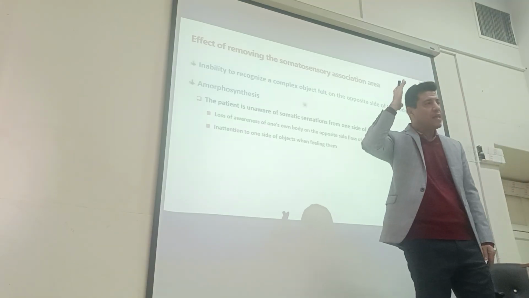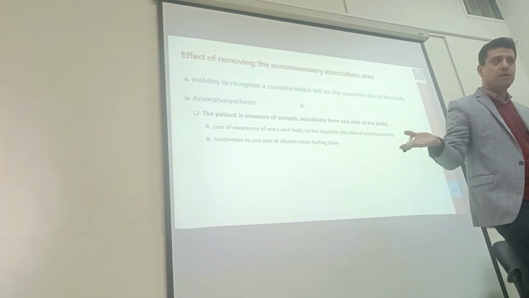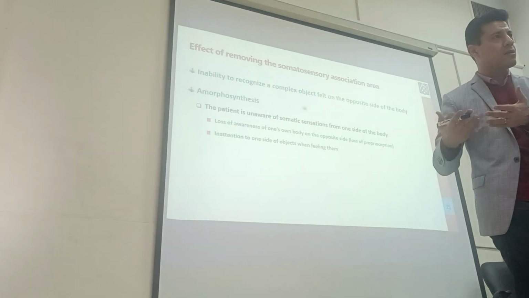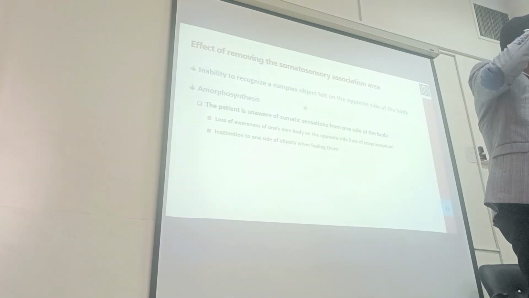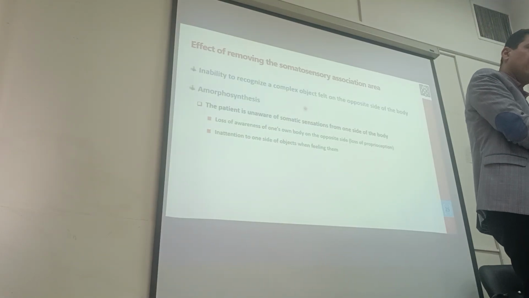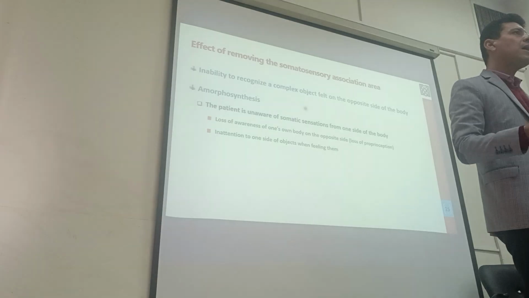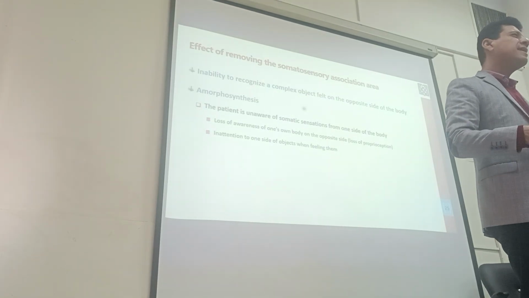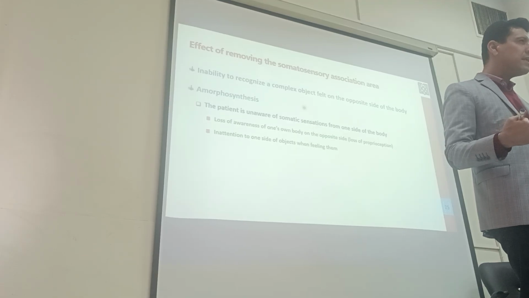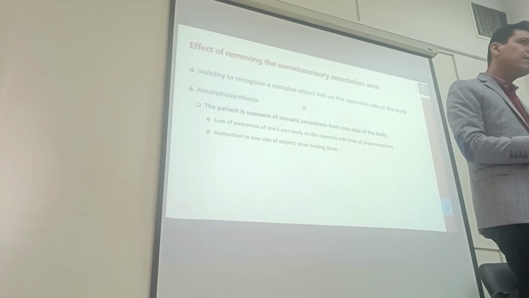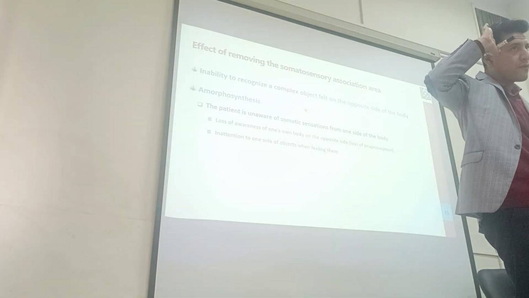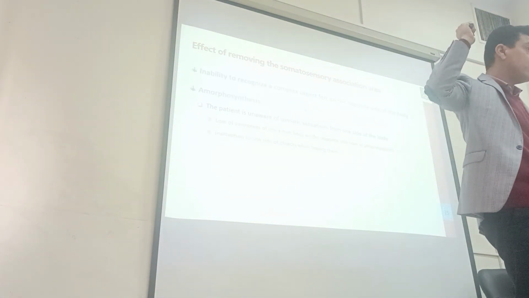If the damage is on the right side, information from the left side of the body is not processed. So the patient doesn't have any internal image of the left side of the body, right? When the patient thinks about his body, he can understand the right side, but he doesn't have any idea about the left side. Why? Because Brodmann area 5 and 7 on the right side is removed.